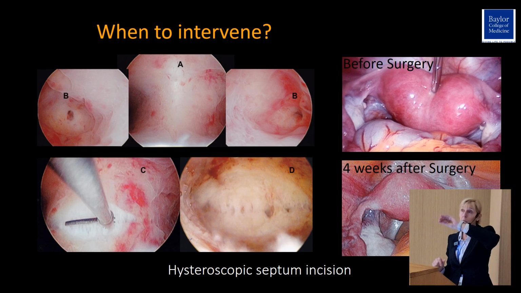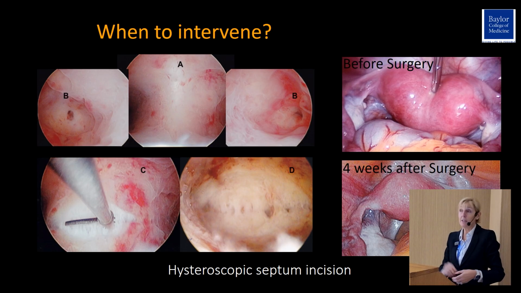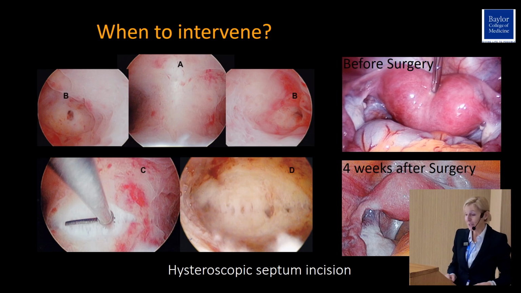So I normally flatten that loop that I use for myomectomies. I flatten it down, and then I use it as a knife, and I just go from side to side, especially in the very long septi that tend to bleed a little more and I cannot see hysteroscopically.